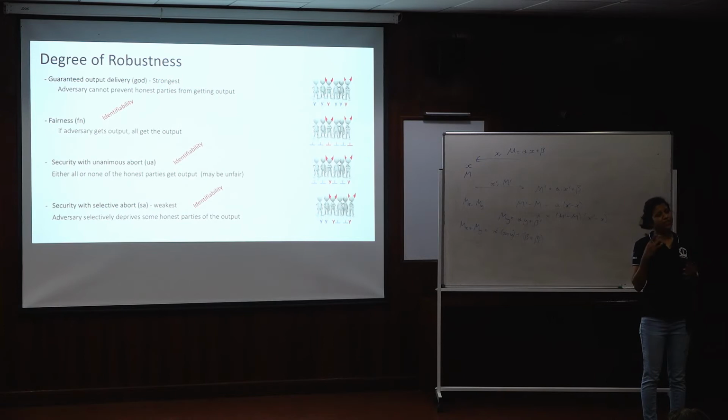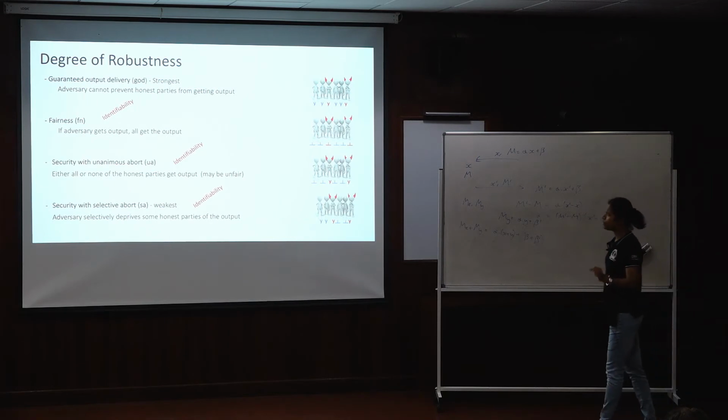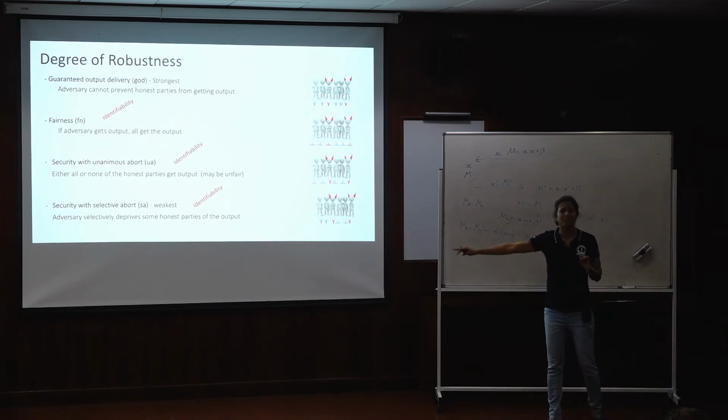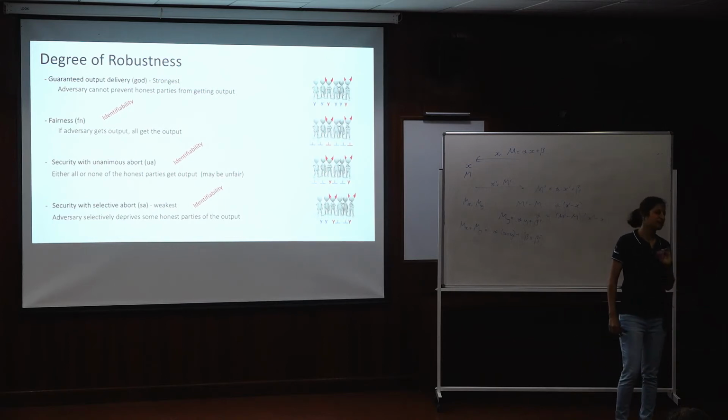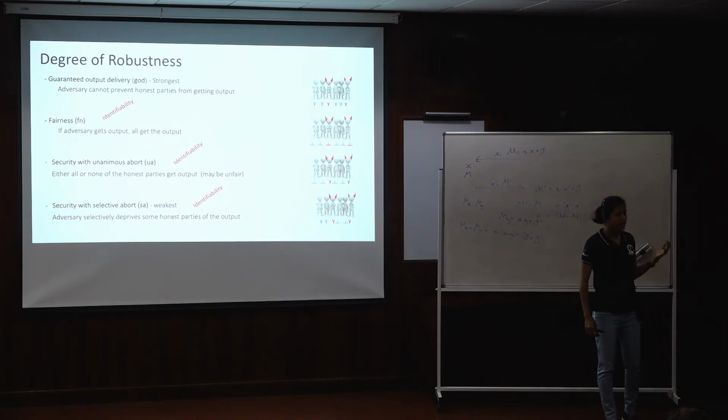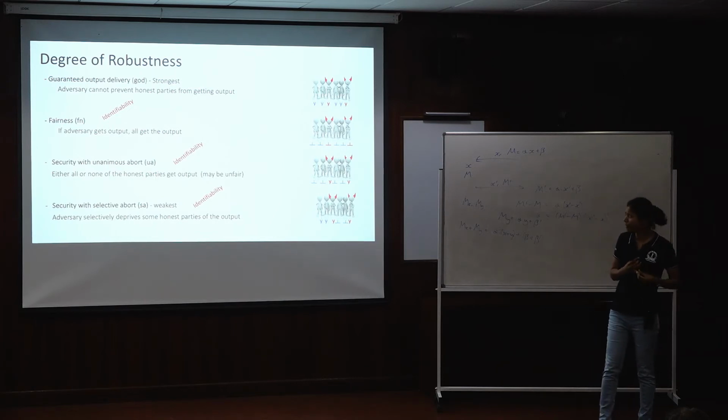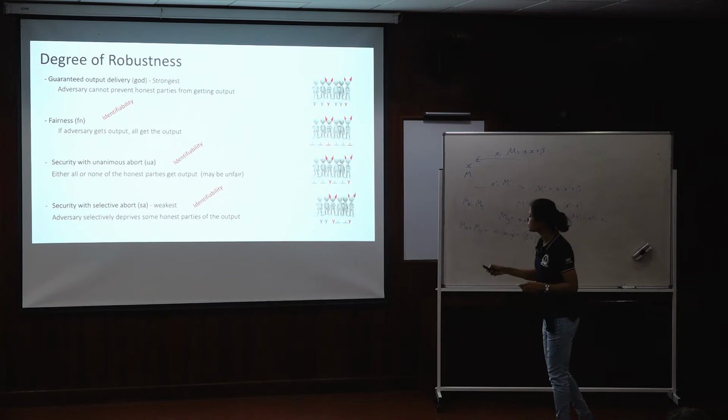There are various fine-tuned notions; the identifiability could be local or global. But let me not go into the details. By identifiability, I mean that at least one honest party will get to know the identity of one of the corrupt parties.